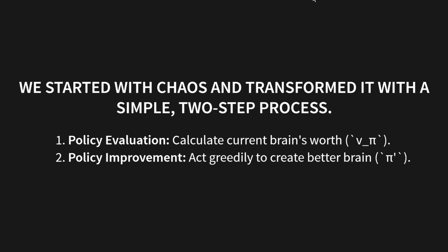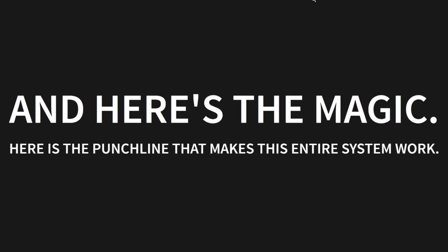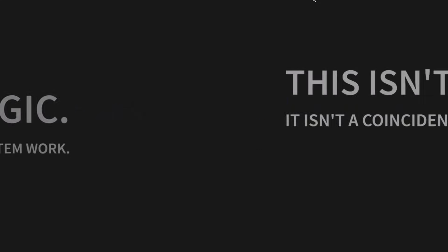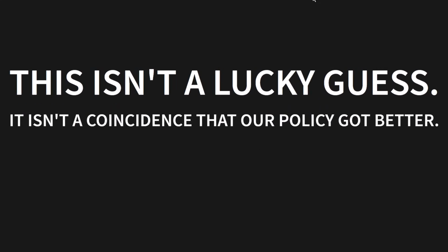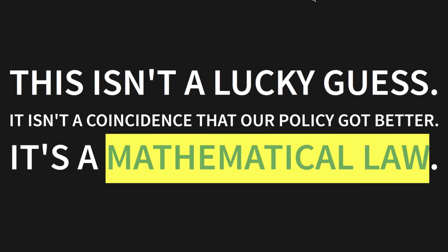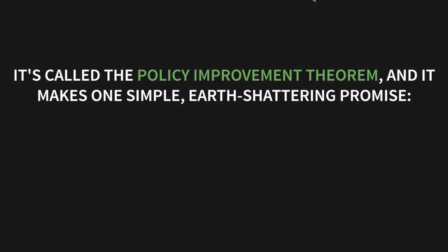And here's the magic. Here is the punchline that makes this entire system work. This isn't a lucky guess. It isn't a coincidence that our policy got better. It's a mathematical law. It's called the policy improvement theorem, and it makes one simple, earth-shattering promise. Check this out.